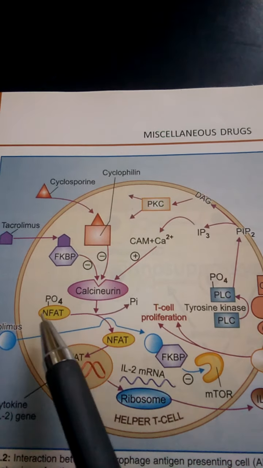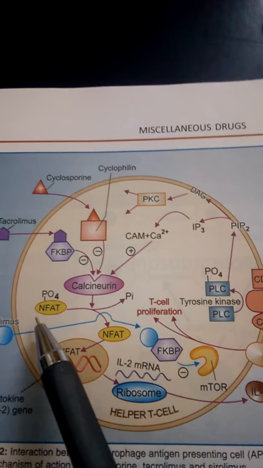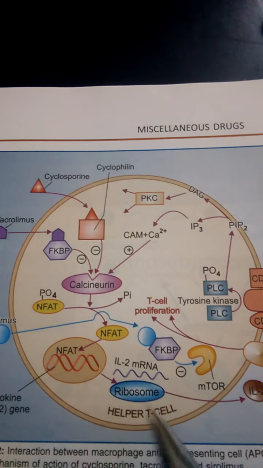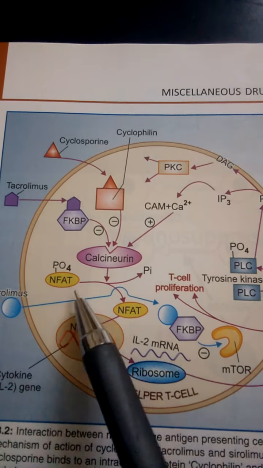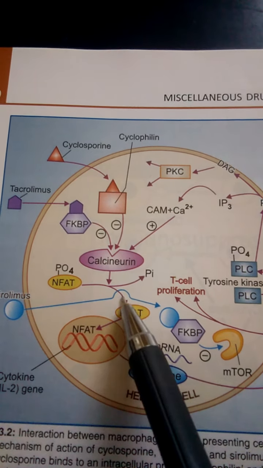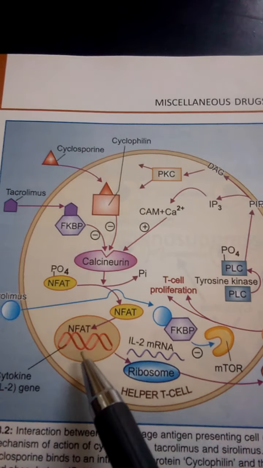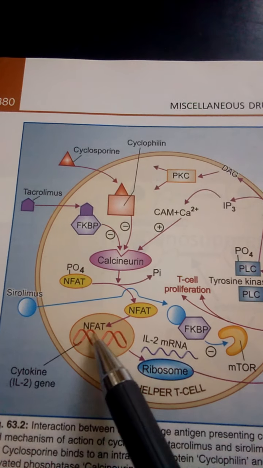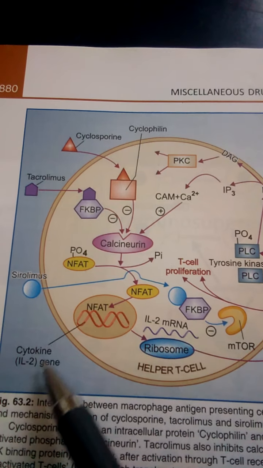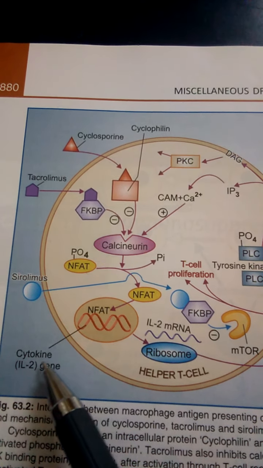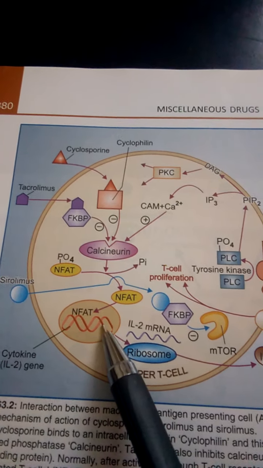This calcineurin dephosphorylates NFAT, the nuclear factor of activated T cell. After the dephosphorylation of NFAT, there is a liberation of cytokines, that is, the IL-2 genes, and the transcription process is also carried out by the NFAT.